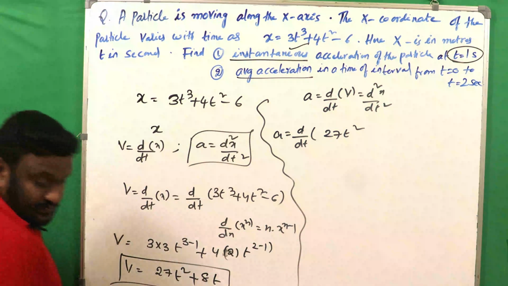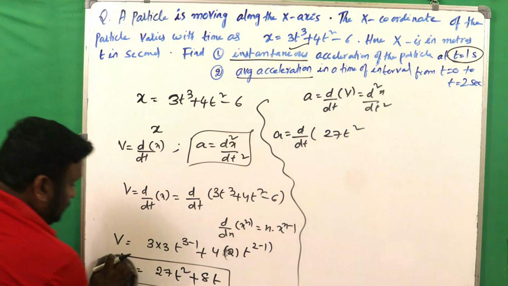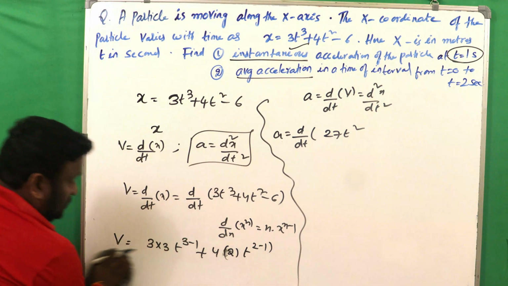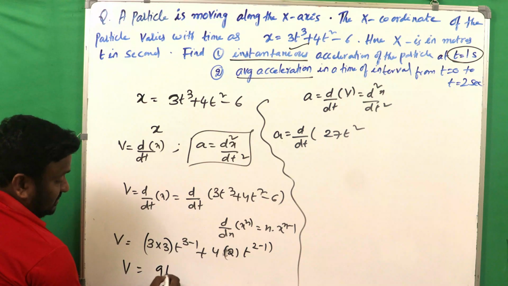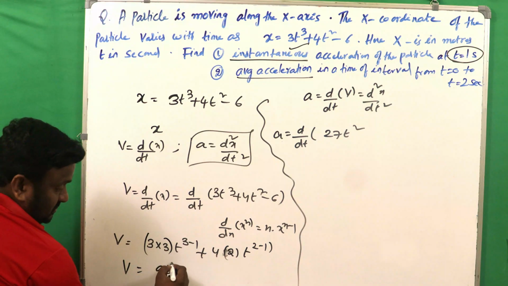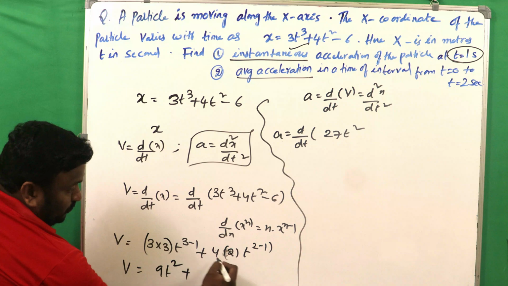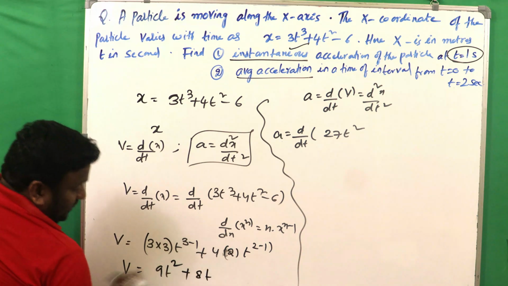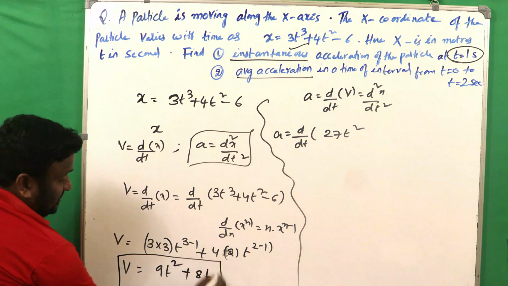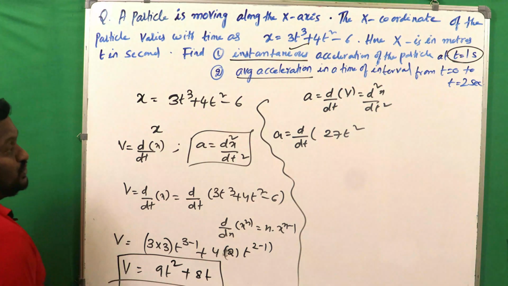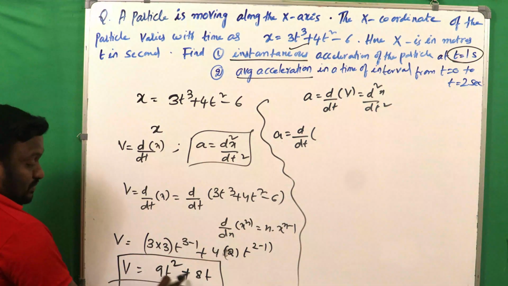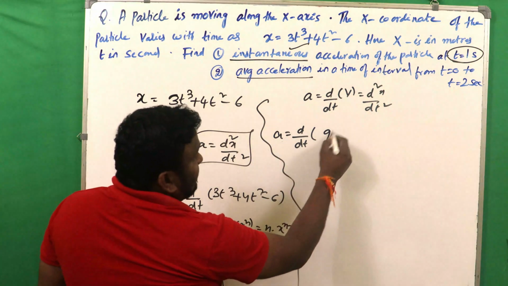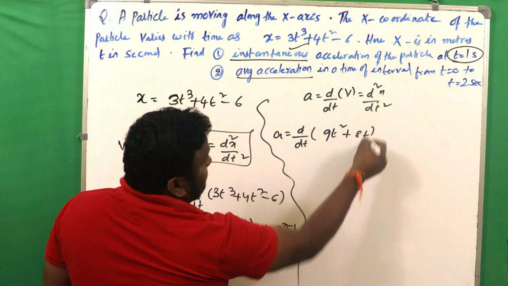Oh, sorry, 3 into 3, not 3 cube, 3 into 3, 9t² plus 4 into 2, 8t. So v is 9t² + 8t.